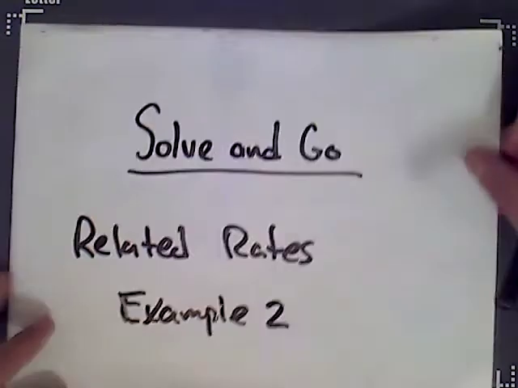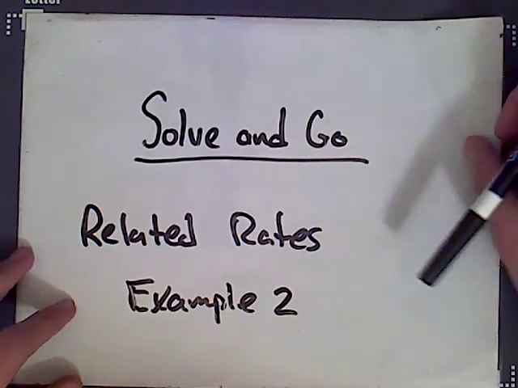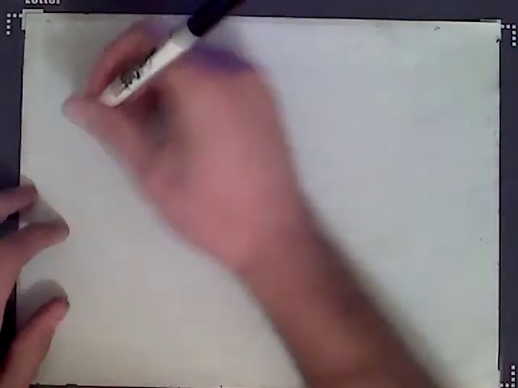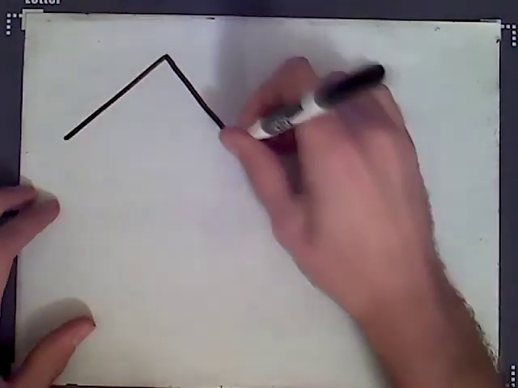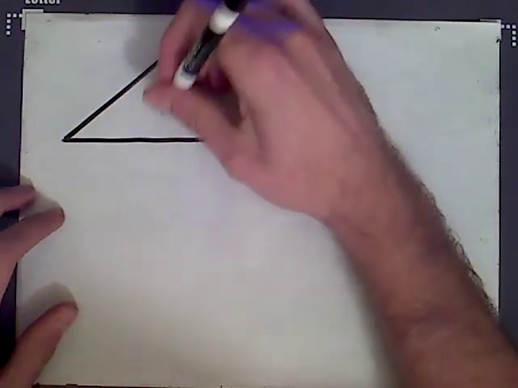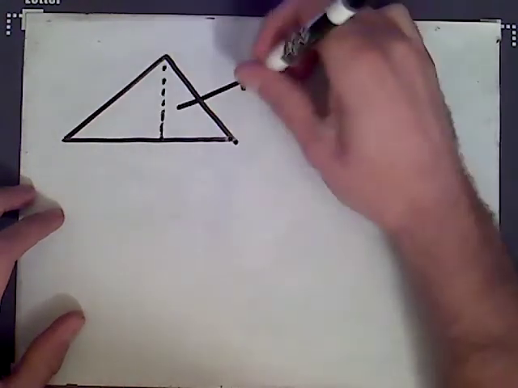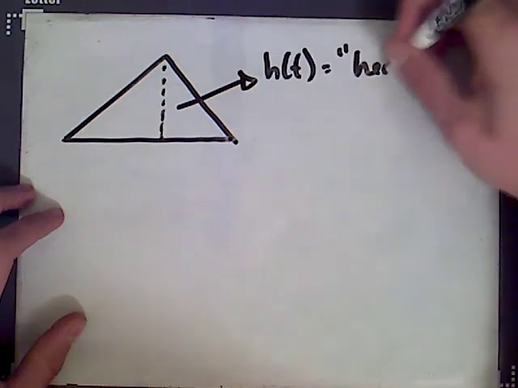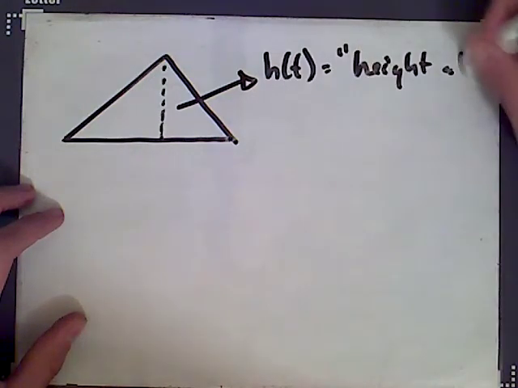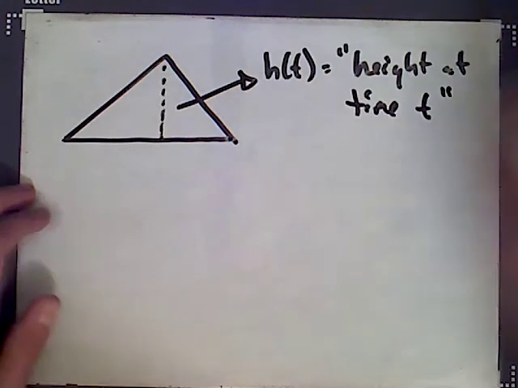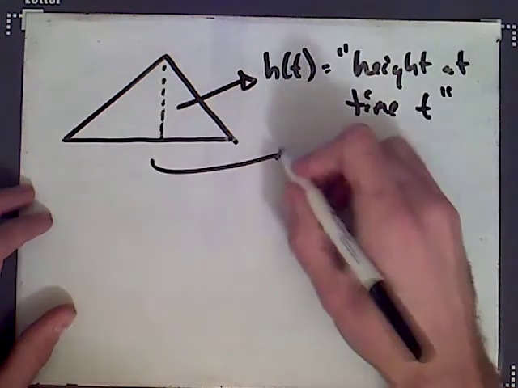Again, this is always the first step with a related rates problem. So we have a triangle. We have a height here. We'll call the height h of t, so this is the height at time t. And then, of course, we have the base.